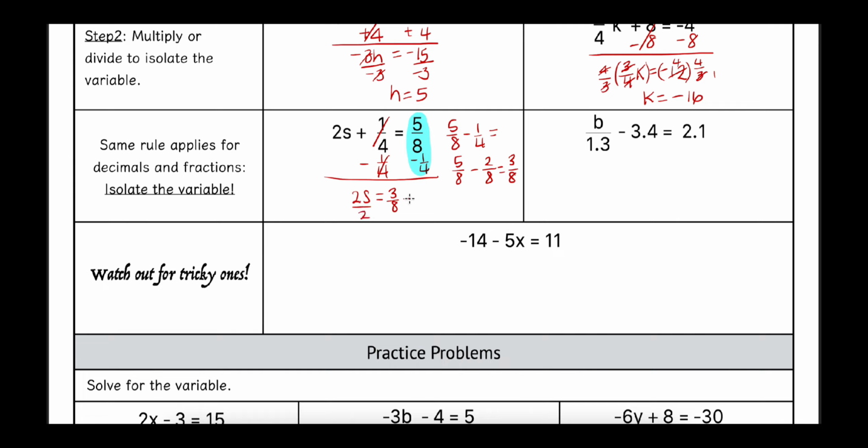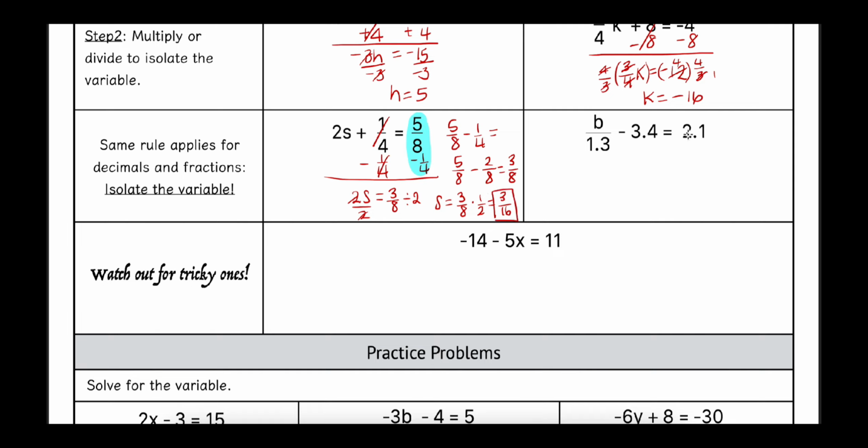Since this is already a fraction, that's going to equal s is equal to 3/8 times 1/2, and the answer is 3/16. I'm going to box this one so you can see the answer more clearly.